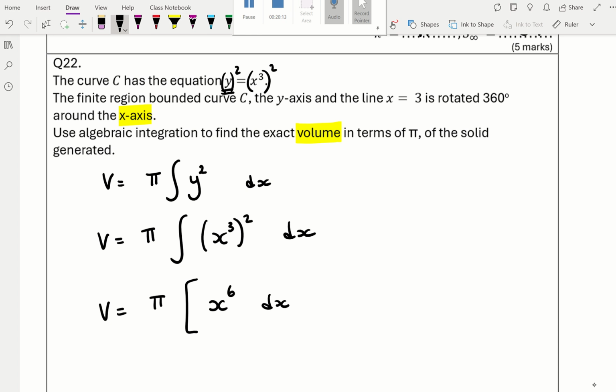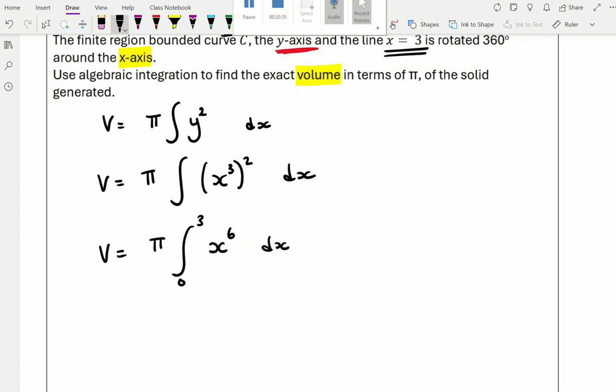And I'm going to integrate from 3 to 0. Why 0? Because it's bound by the line x equals 3 and the y-axis. So that's x equals 0. I integrate, so that becomes v equals pi. I'm going to add 1 to the power, so this is 7.